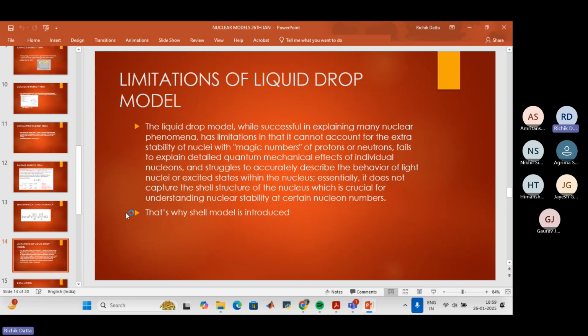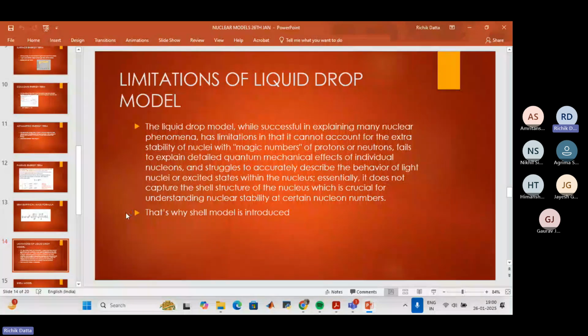I have already discussed the SPDF states: in the S state not more than two electrons will occupy the same level, in P states not more than six, in D states not more than 10, in F states not more than 14, and so on. So these are basically the magic numbers.